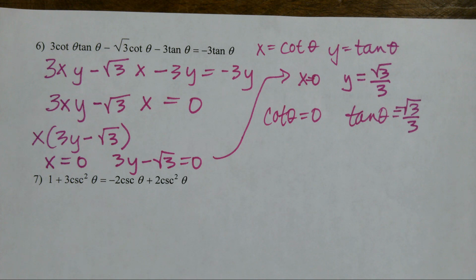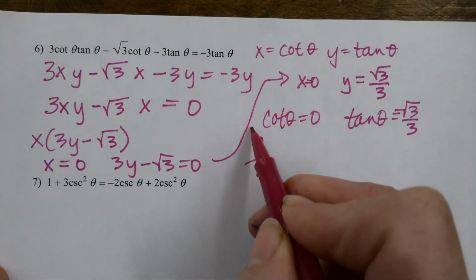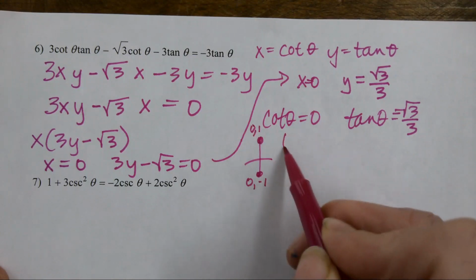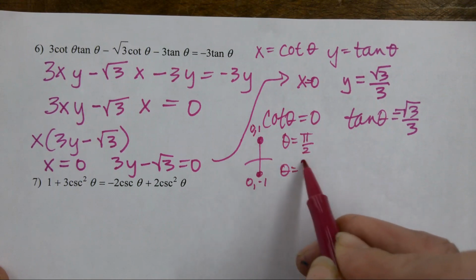Pi over 2. It's 0 when the cosine is 0. So the cosine is 0 up here and down here at 0, 1, and 0, negative 1. So theta is pi over 2, and theta is 3 pi over 2.